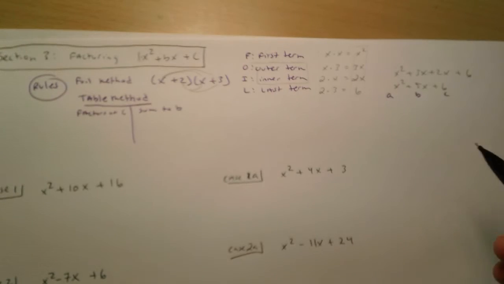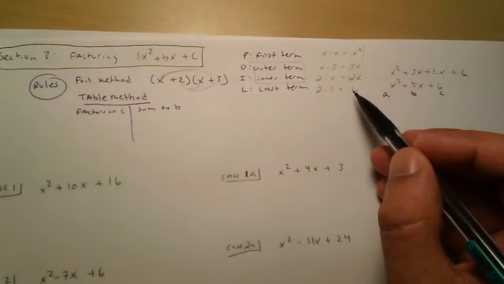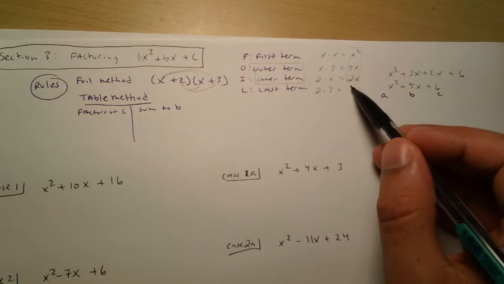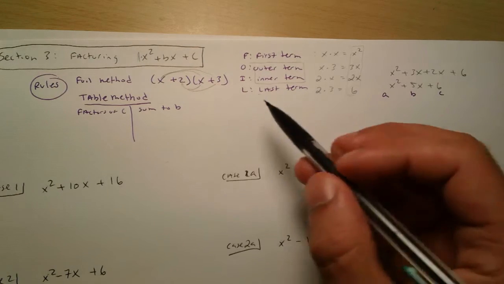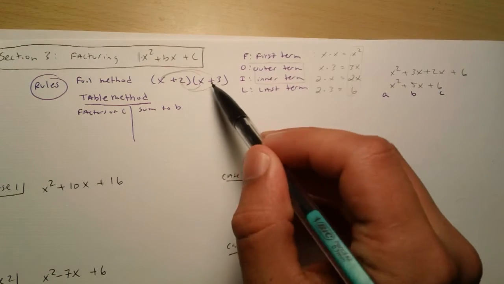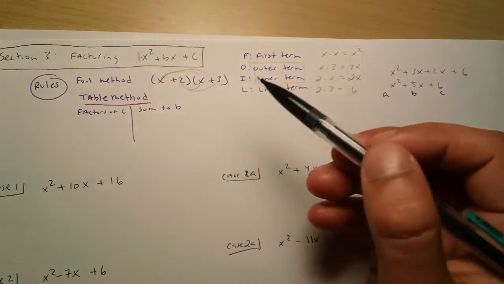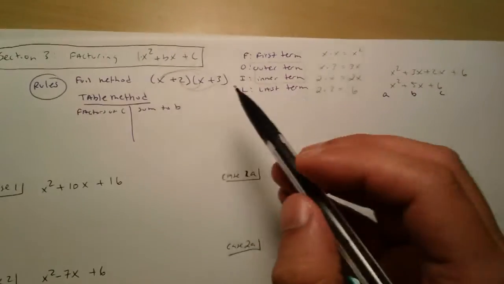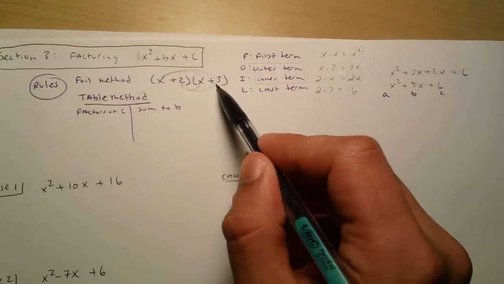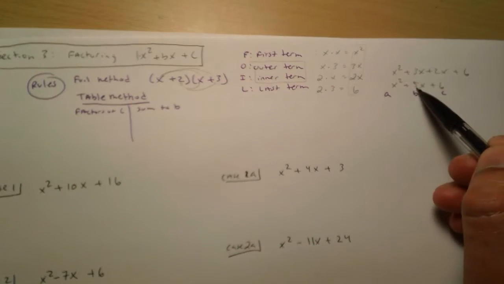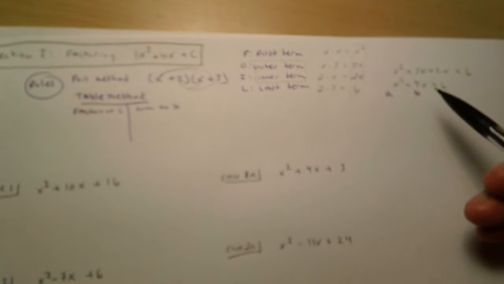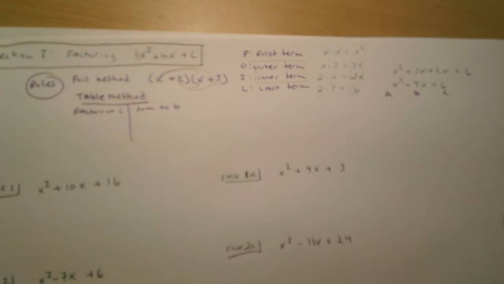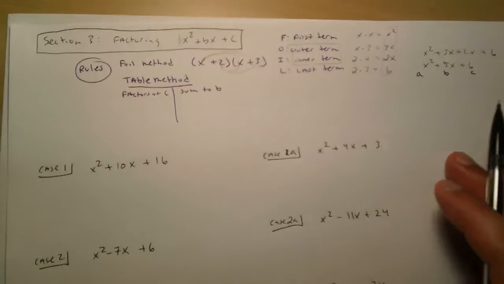Now we're going to try and find factors of c, so we can go backwards and find these numbers. Okay? But at the same time, those numbers would need to add up to the b value. Okay? So if I kind of confused you, you can just go ahead and stick with me so far.